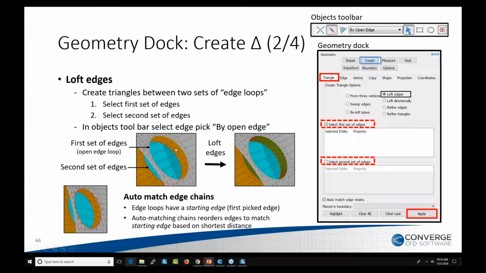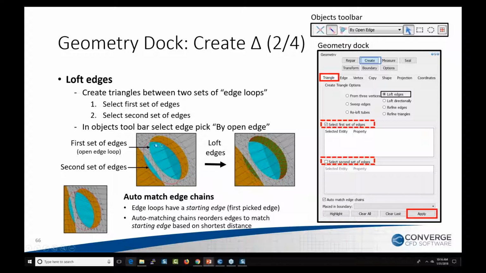So this is part of, say, one of the cooling holes, the primary holes. And these dilutions, say these triangles were missing. We could have used loft edges to create these. You have to first select the first set of edges and the next set of edges, and it will create triangles by lofting these 2.